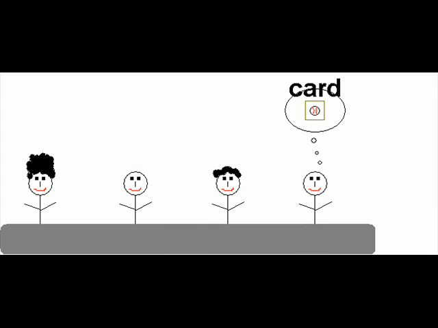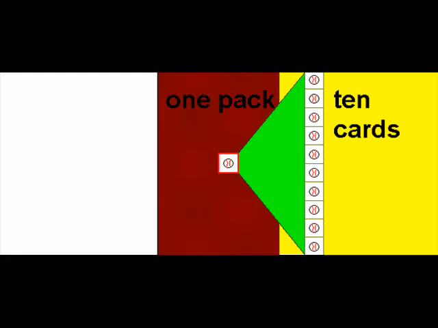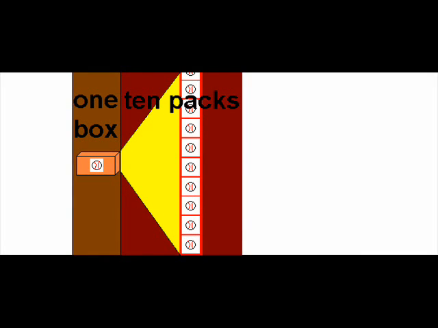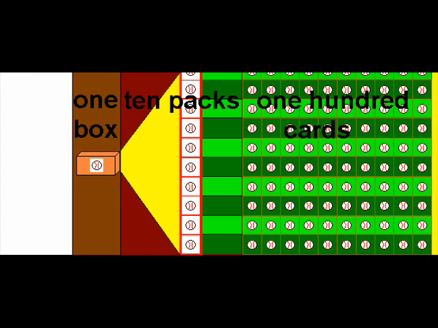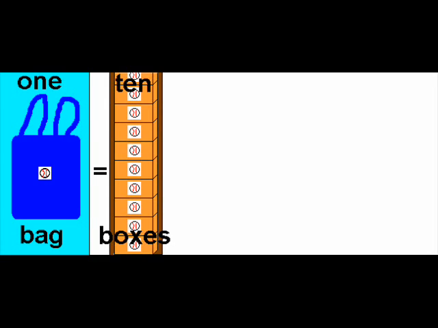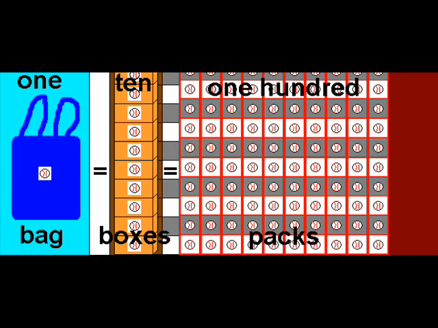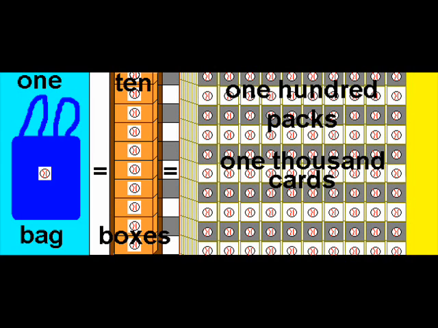Therefore, the person all the way on the right of the assembly line collects individual cards. The neighbor to the left of him collects packs of 10 cards, whose neighbor to the left of her collects boxes of 10 packs with each pack containing 10 cards, or boxes of 10 groups of 10 individual cards, whose neighbor to the left of him collects bags of 10 boxes with each box containing 10 packs and each pack containing 10 individual cards, or bags of 10 groups of 10 groups of 10 individual cards.